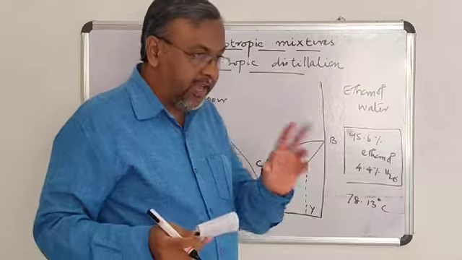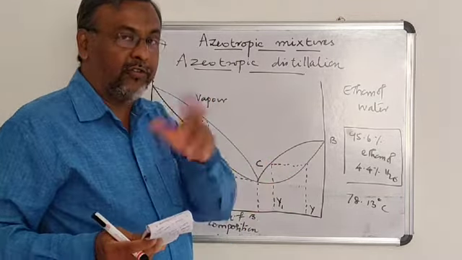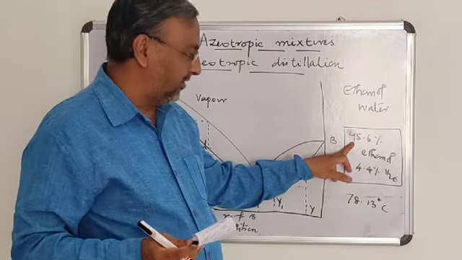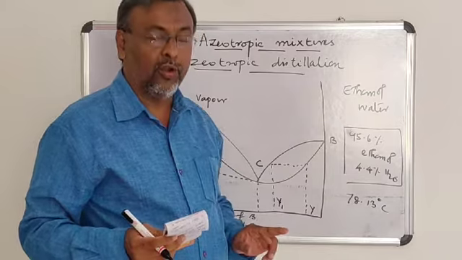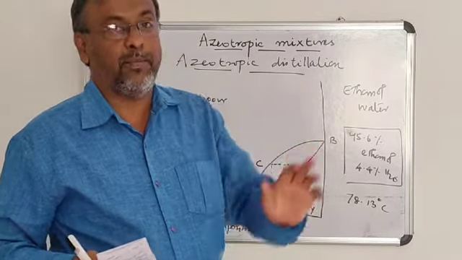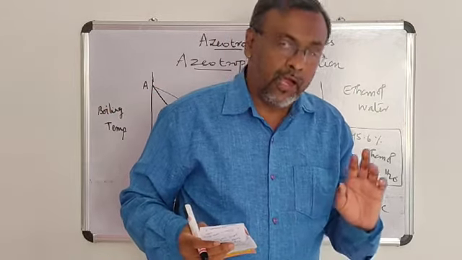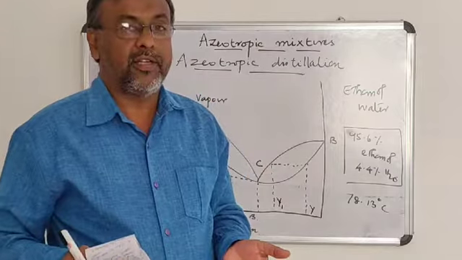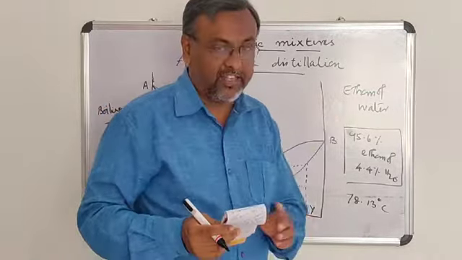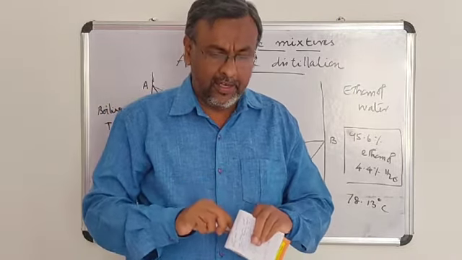Similarly, when we take the azeotropic mixture between the composition 95.6 and 4.4, what happens? Pure ethanol can be separated and distilled as an azeotropic mixture, but water cannot be separated. So this type of process is called the azeotropic distillation process.